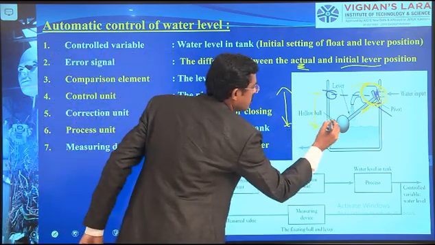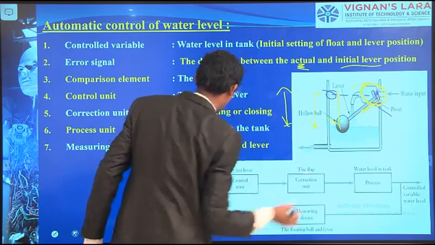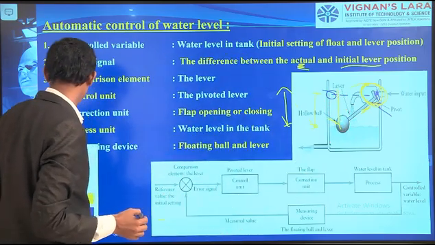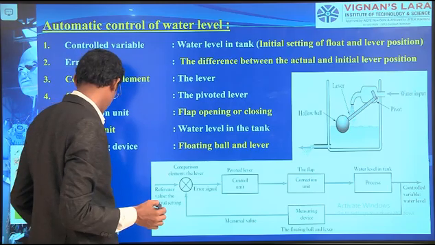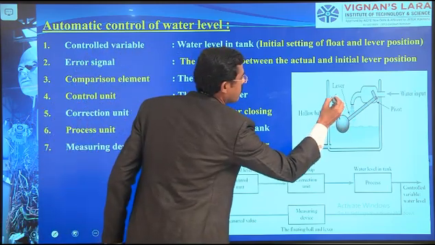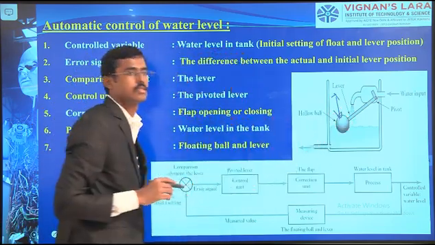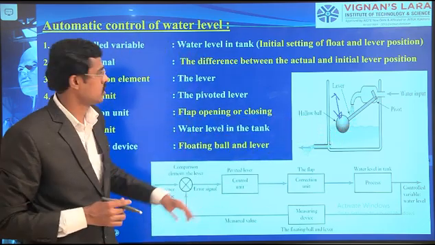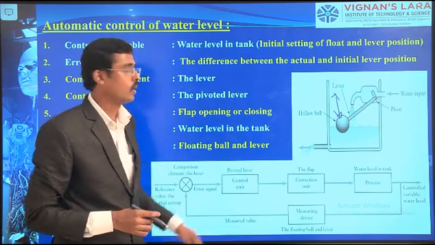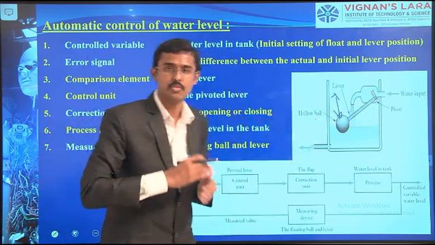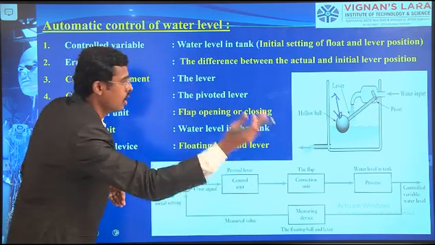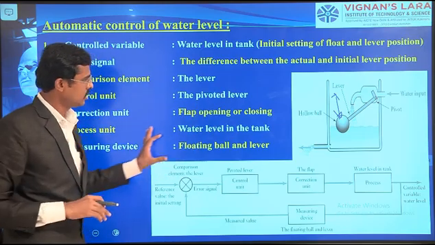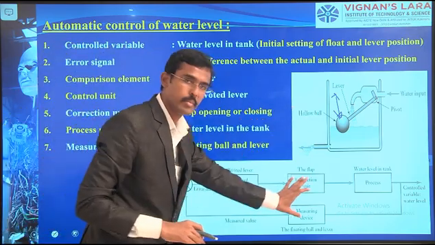Here it measures where it is, up and down, right? It matches the up and down points and tells. So the measurement device is the ball, the processing device is the lever, and the controlling device is the pivoted lever that decides whether the flap is open or not. So we understand this in a simple format.